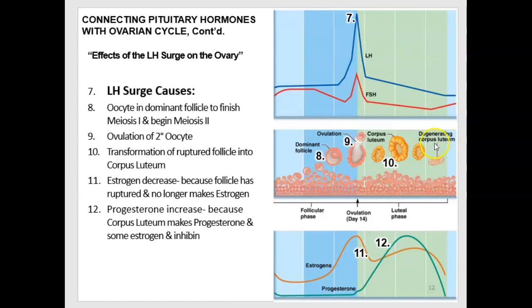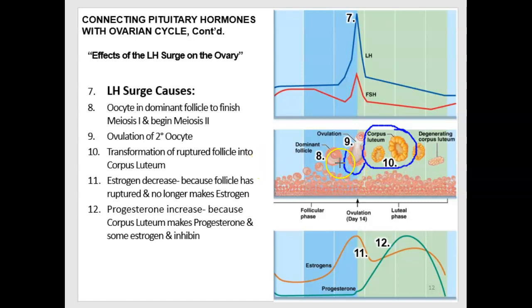Okay, so after we have ovulation, now we've got a follicle that doesn't have an oocyte anymore, and luteinizing hormone transforms this ruptured follicle into a structure that we call the corpus luteum. The corpus luteum is going to eventually make progesterone.